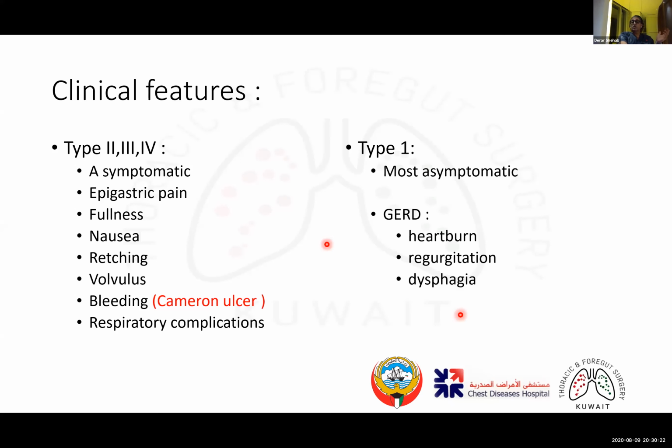Whereas in type 2, 3, and 4, if symptomatic, the symptoms are a little more prominent than type 1: epigastric pain, fullness, or they may present with a complication like volvulus or bleeding from a Cameron ulcer. A Cameron ulcer is an ulcer that occurs due to compression of the diaphragm on the stomach, so the ulcer is on the fold in the stomach, not in the esophagus.